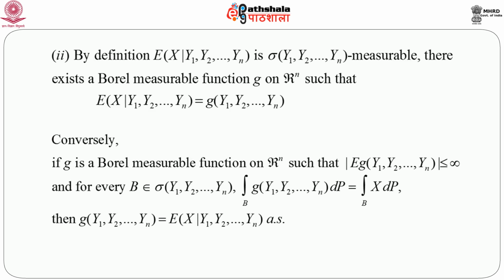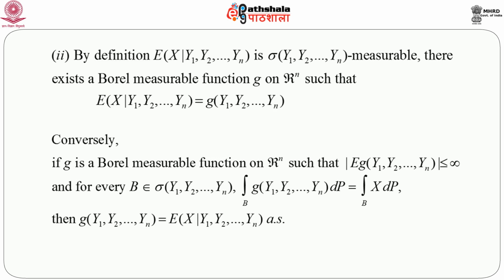Now, if we carefully look at this definition, we see that the expectation of X given capital Y1, Y2, Yn should be a function of Y1, Y2, Yn, since we are conditioning on Y1, Y2, Yn. So naturally this entire quantity should belong to the sigma field generated by Y1, Y2, Yn, or in other words, it is sigma Y1, Y2, Yn measurable.